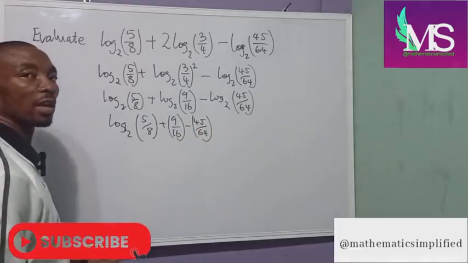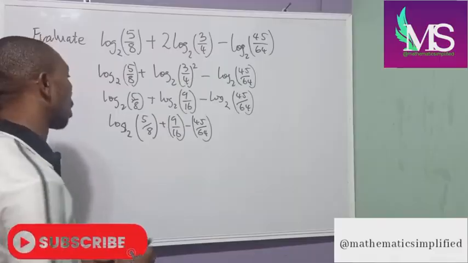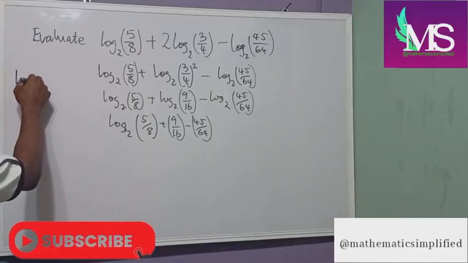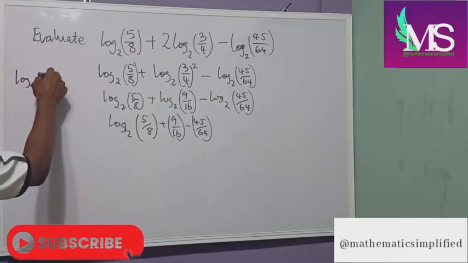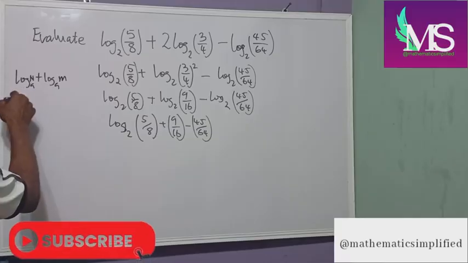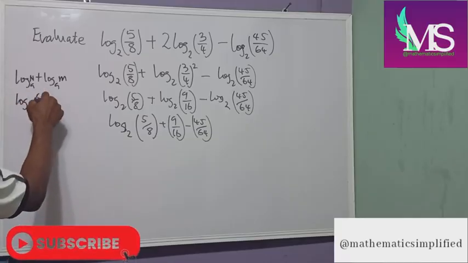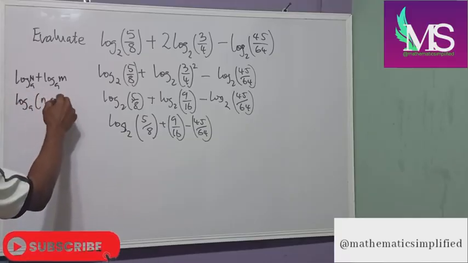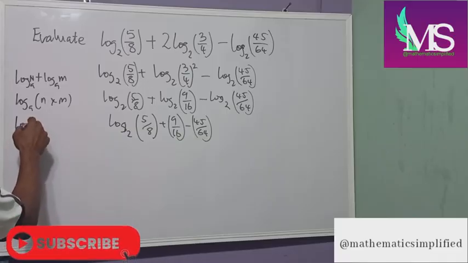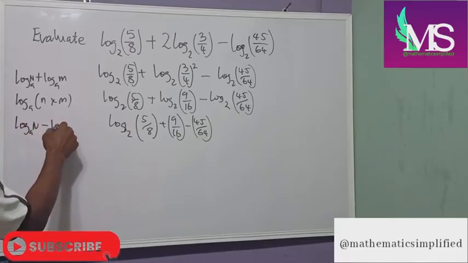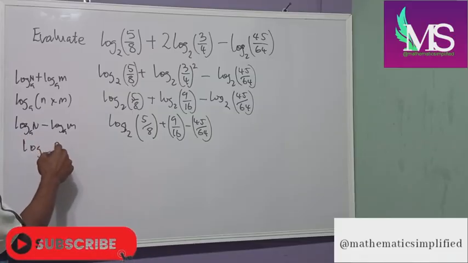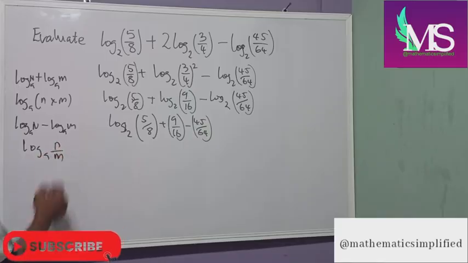Now, we know that in log, if we have log a n plus log a m, this will give us log a of n times m. And if we have log a n minus log a m, it will give us log a of n divided by m.